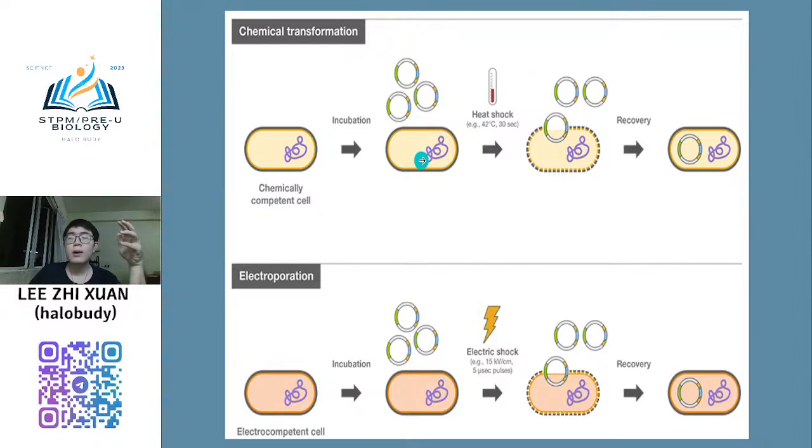So you need to do something to destabilize the cell wall of the bacterial cell, so that the recombinant plasmid can be transformed into it. So there are two methods, chemical and electro.